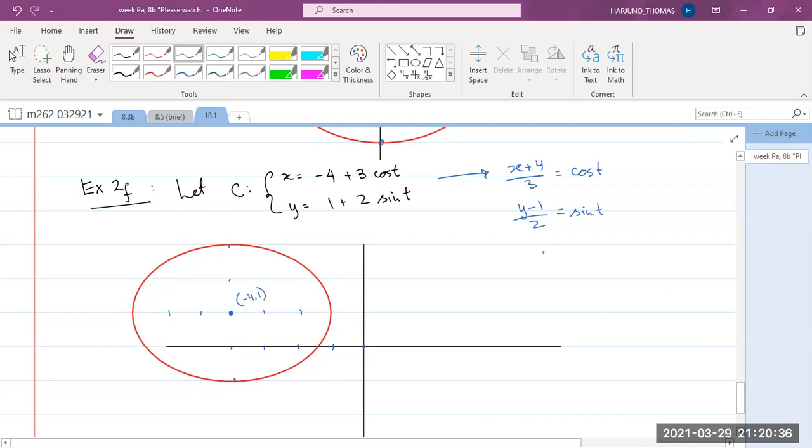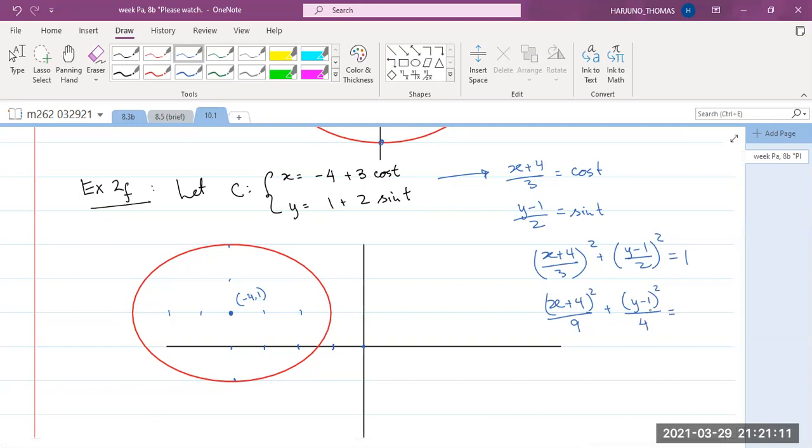Now from algebra 2, we learned that ((x plus 4) over 3) squared plus ((y minus 1) over 2) squared equals 1, right? Cosine squared t plus sine squared t equals 1. But at the same time, this is an ellipse centered at -4, 1, with major axis stretched horizontally by 3 and minor axis stretched vertically by 2.